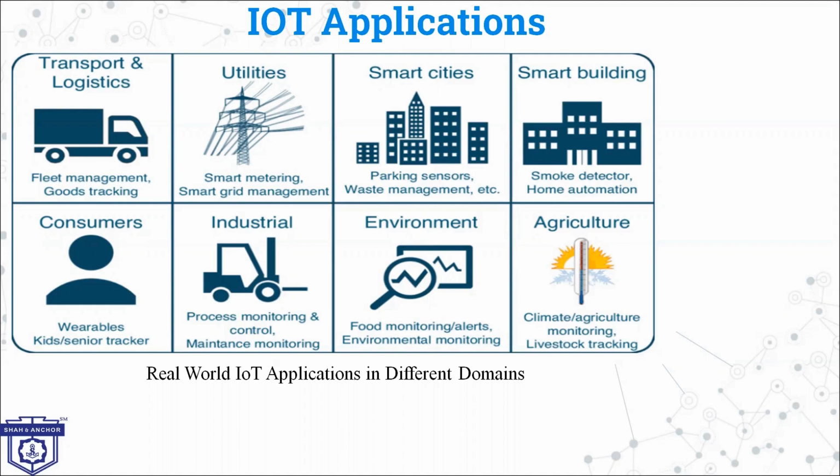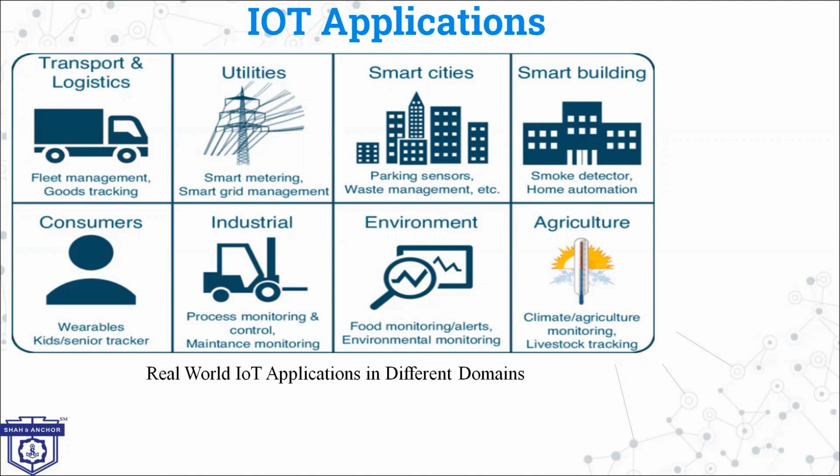It starts with transport and logistics, for fleet management and goods tracking. Then utilities, for smart metering and smart grid management. Then smart cities, where we have parking sensors so smart parking can be done. Then we have waste management, etc. Such issues can be easily resolved.